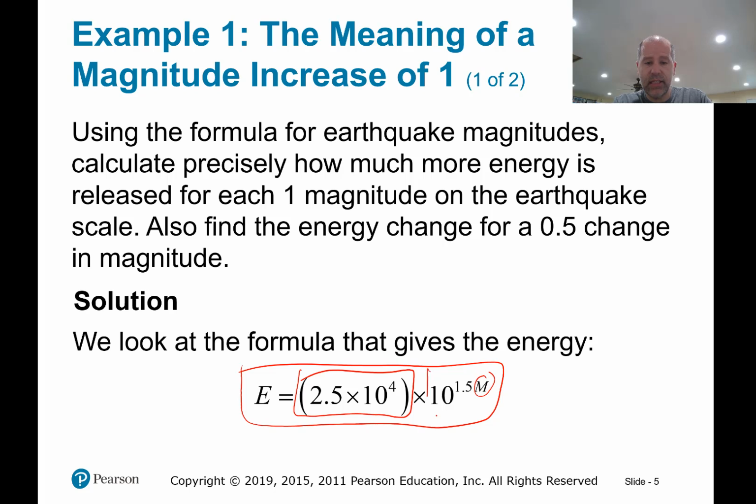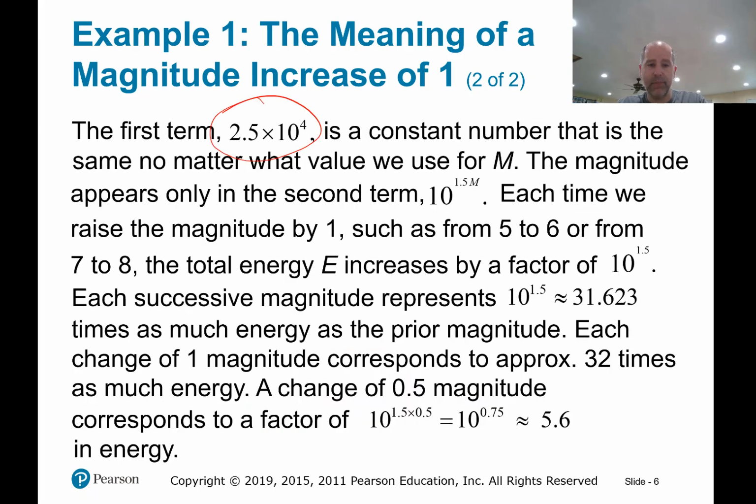So it's just the part with the exponent that will change, right? If we divide one magnitude by another using this formula, the 2.5 times 10 to the 4th is going to cancel anyway. So the magnitude is really dependent only on the second term, which is this part right here.